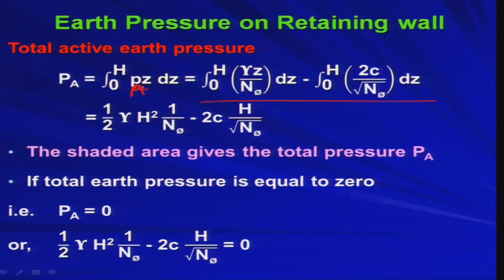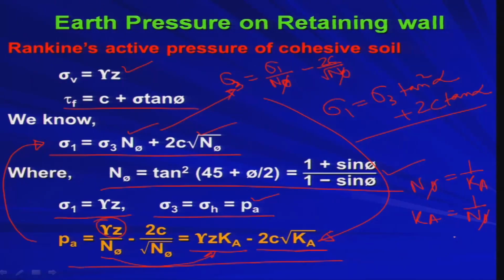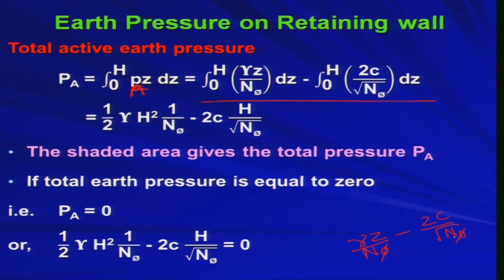Already we have seen PA is gamma z by N phi minus 2c by root over N phi, and 1 by N phi is nothing but your Ka.